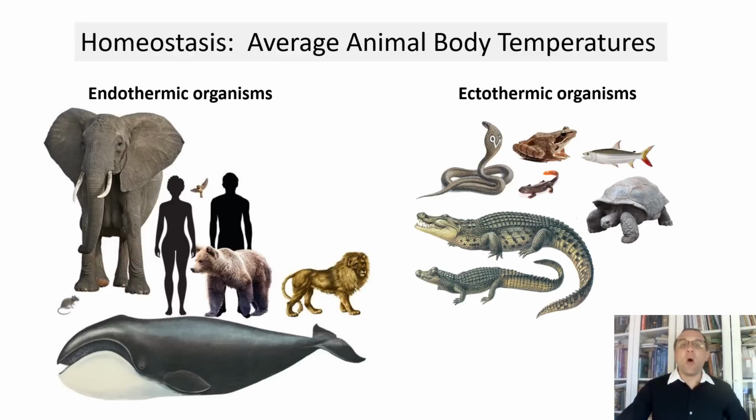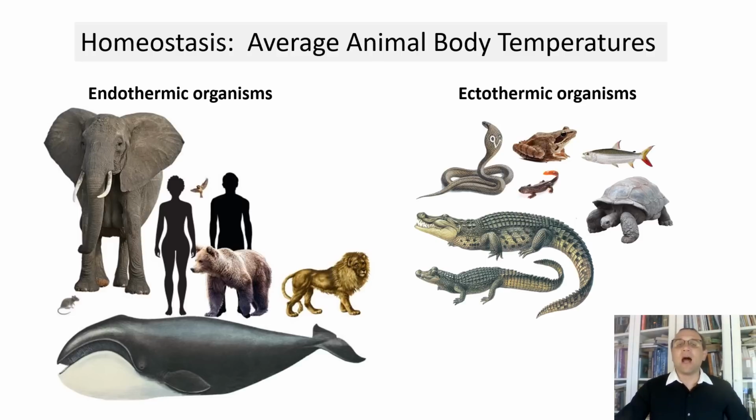To be endothermic, an organism must produce its own body heat through metabolism. This means that the endothermic organism can maintain internal homeostasis regardless of the external environmental temperature. In most instances, the size and shape of an organism dictate whether it will be warm-blooded or cold-blooded.